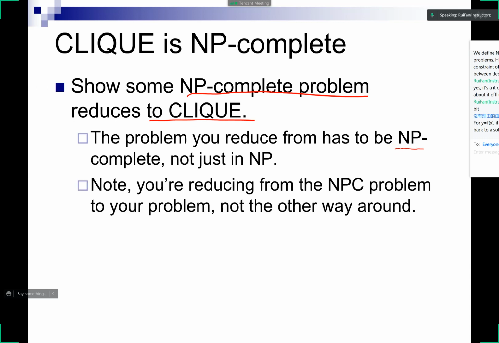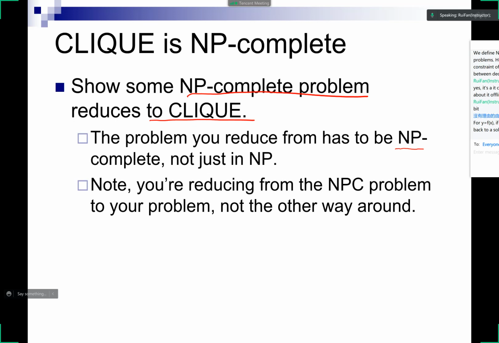The other thing you have to be careful about is that you're reducing this NP complete problem to clique. You're not trying to reduce clique to some NP complete problem. If you did that, it wouldn't prove that clique is NP complete, because that would just prove that clique reduces to some other very hard problem, that clique is solvable using some other very hard problem.